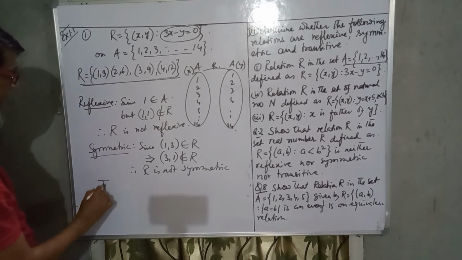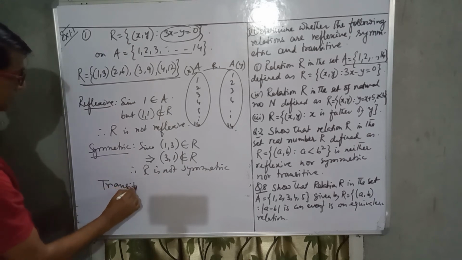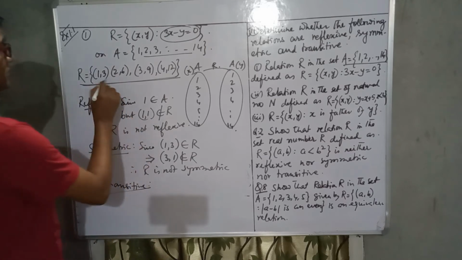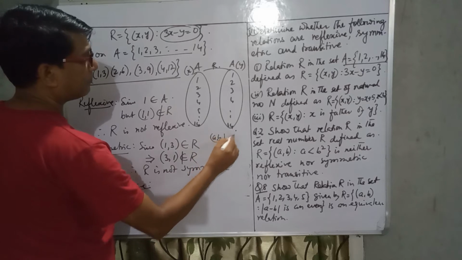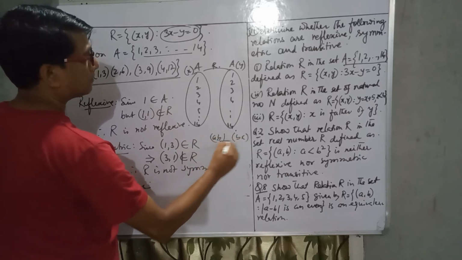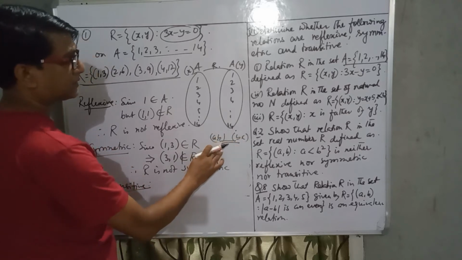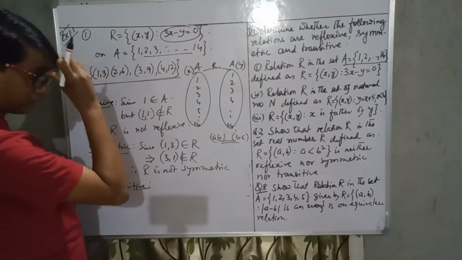Let's see transitive. We have to check each and every one. Check the elements (a, b) and (b, c), where the last element of the first and the first element of the second should be the same.